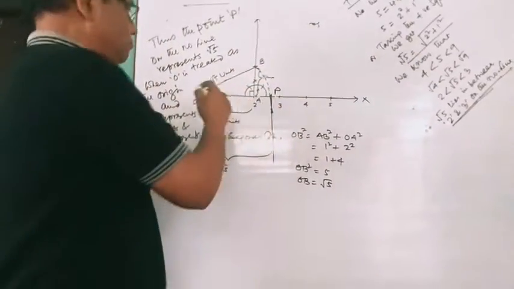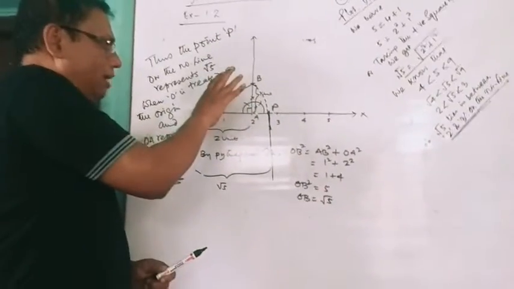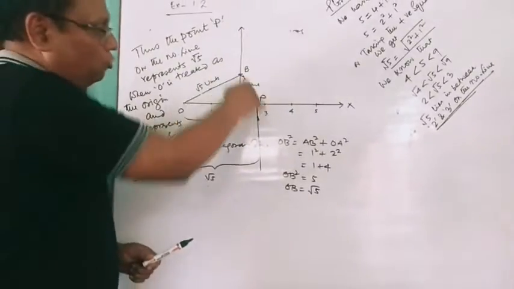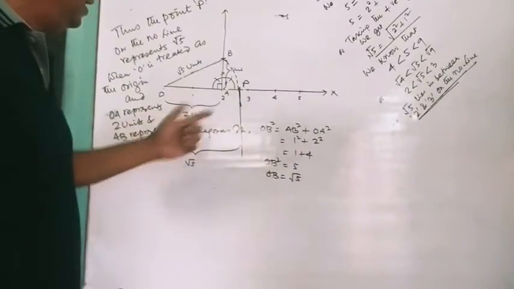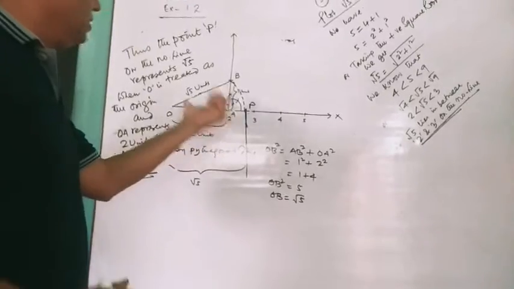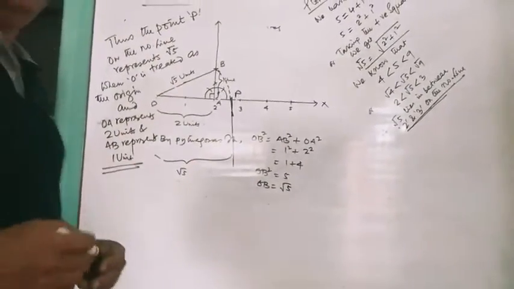By Pythagoras theorem, we are getting OB as root 5. Now, taking O as center and OB as radius, we draw an arc which intersects the number line at the point P. OP is equal to OB, and it represents root 5 on the number line.